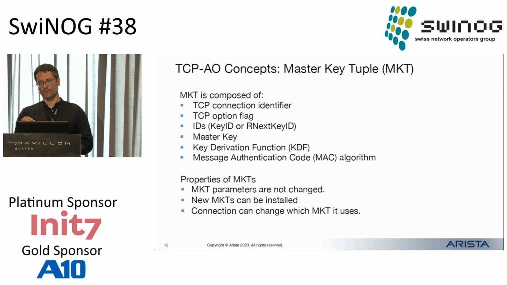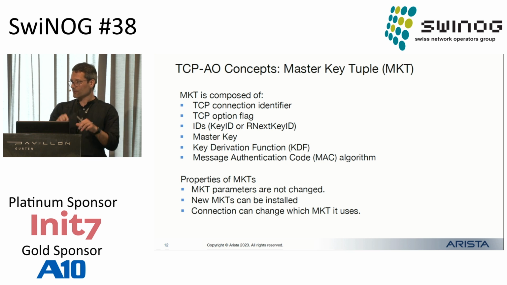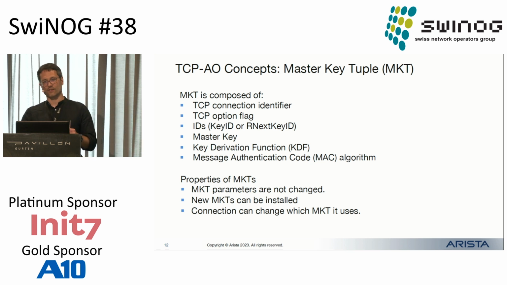IDs to signal which keys. And the master key, which, if you configure it by hand, is the string that we type into the config to use as a key. Then an algorithm that we use to actually create the key that is being used, and the message authentication code, which is a cryptographically secured hash.